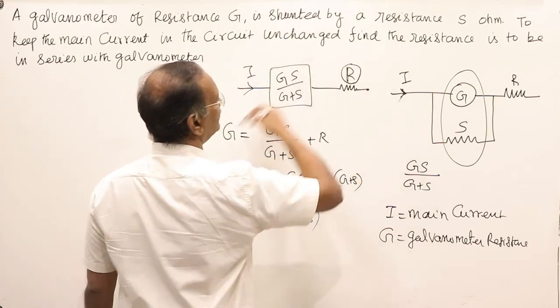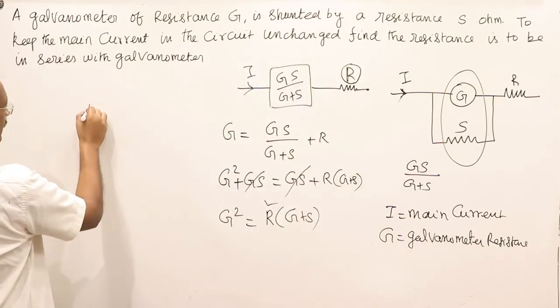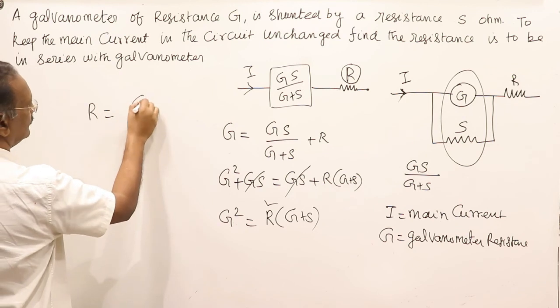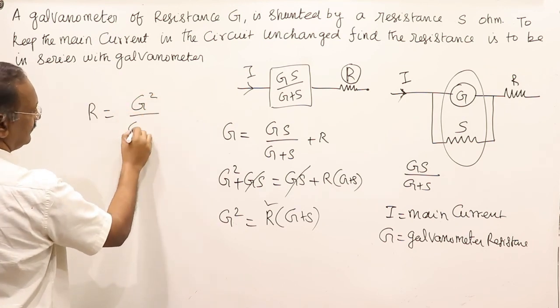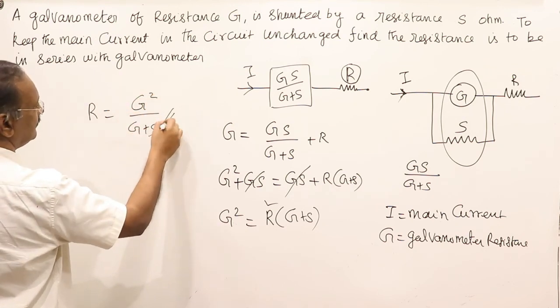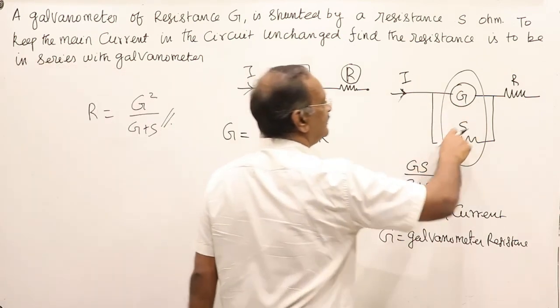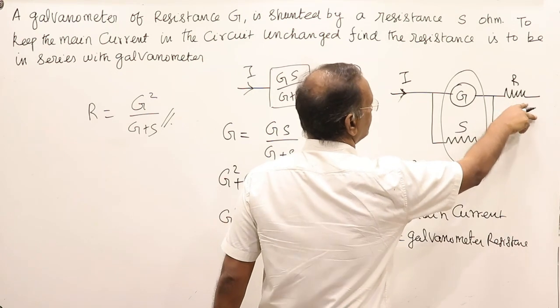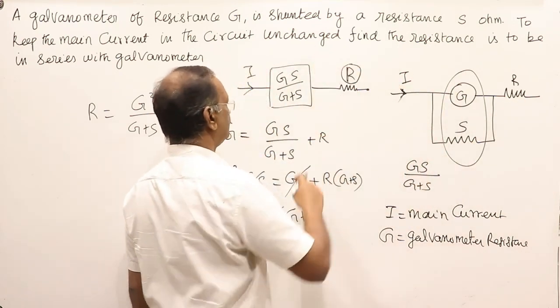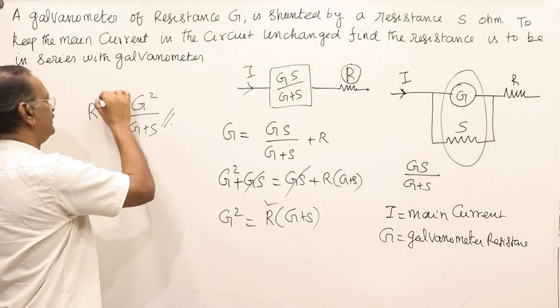Therefore R is equal to G square by G plus S. This is the value of the resistance R, so that with this arrangement, if you add R in series, the main current remains constant.